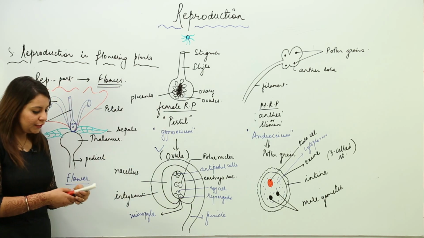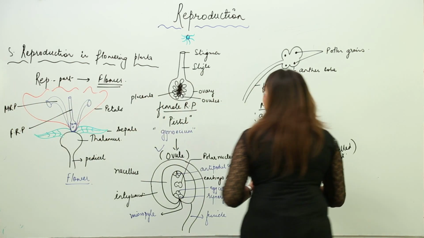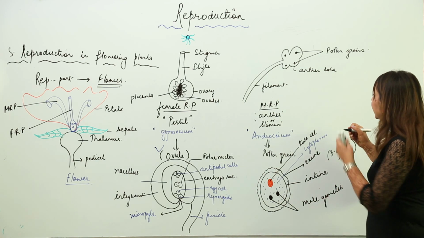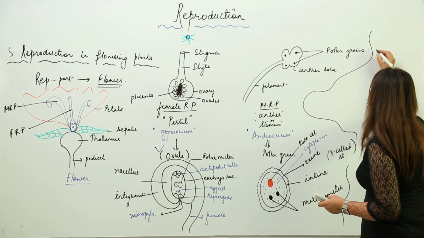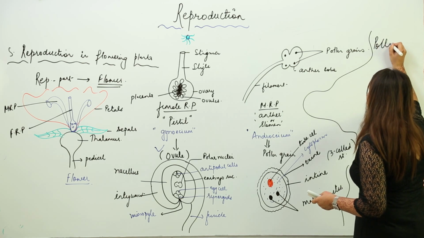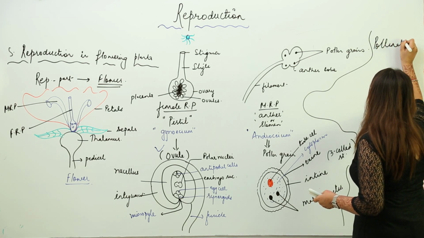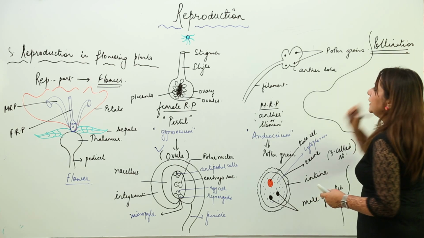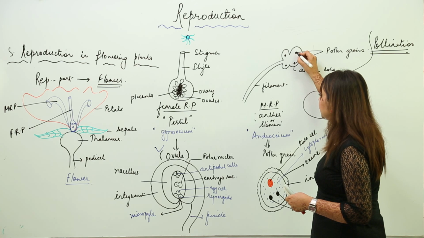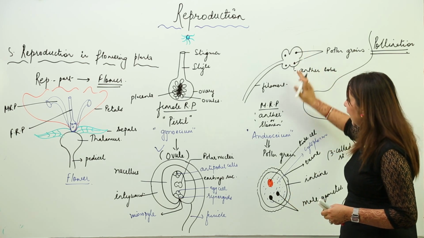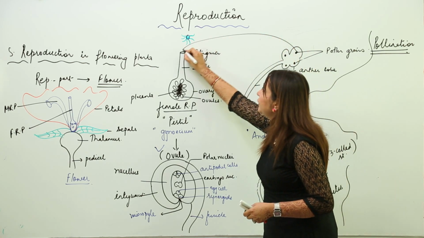Then if you need to explain the whole phenomenon, you will say that pollination takes place. Pollination is the transfer of pollen from the anther to the stigma of the flower.